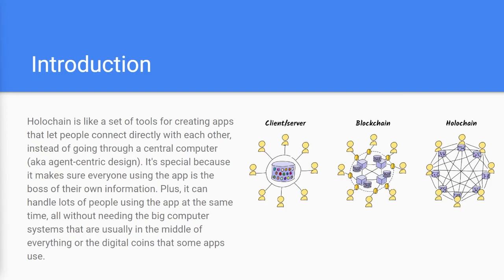This is special because it makes sure everyone using the app is a boss of their own information. Plus, it can handle lots of people using the app at the same time, all without needing the big computer systems that are usually in the middle of everything or digital coins that some apps use.